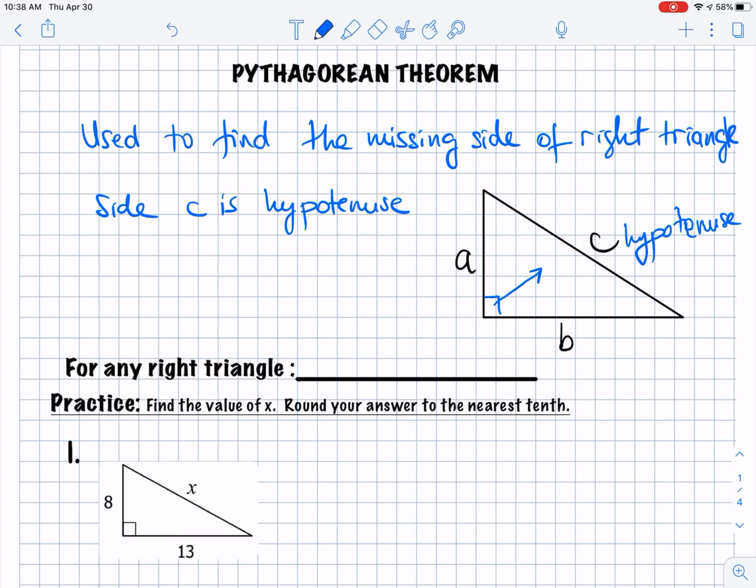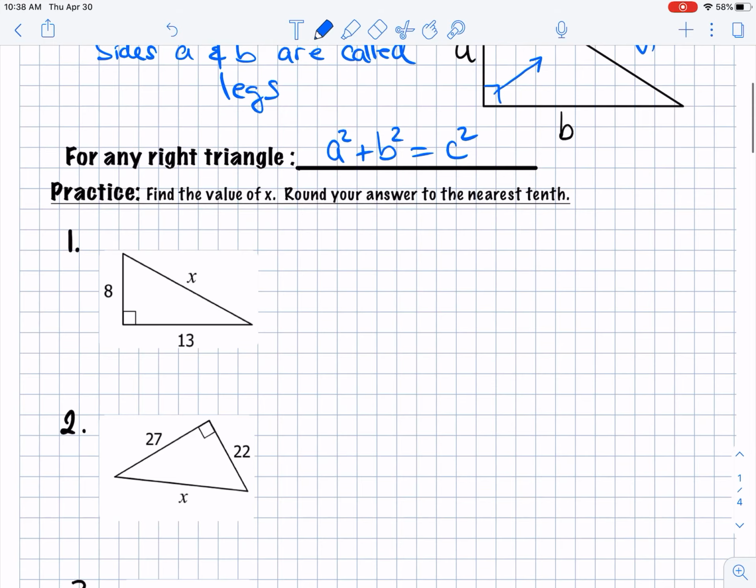Sides A and B are called legs. So for any right triangle, the sum of the squares of the two legs is equal to the square of the hypotenuse. So a squared plus b squared equals c squared.